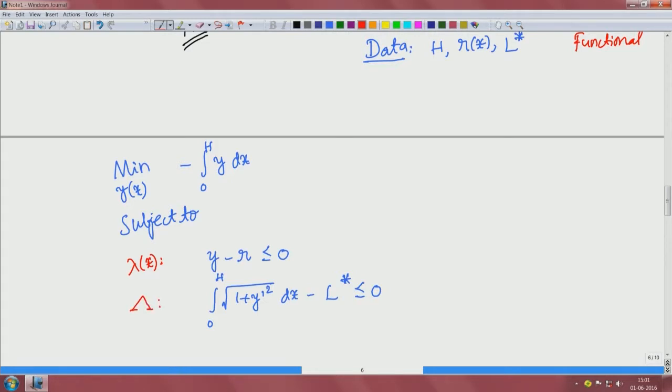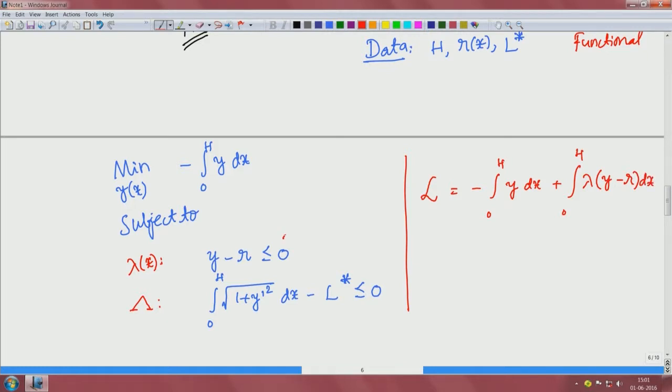Okay. When you have this, the first thing we do is to write the Lagrangian, which is integral 0 to h of minus y dx plus integral 0 to h of lambda times y minus r dx.